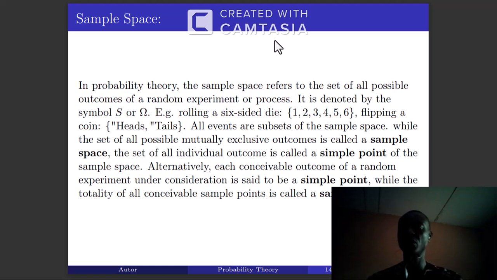All events are subsets of a sample space. While the set of all possible mutually exclusive outcomes is called a sample space. So each outcome, a boy, a girl, is called a simple point, or we call it an event. Event of having a boy, event of having a girl, event of raining or event of not raining. This is what we call sample space and event.